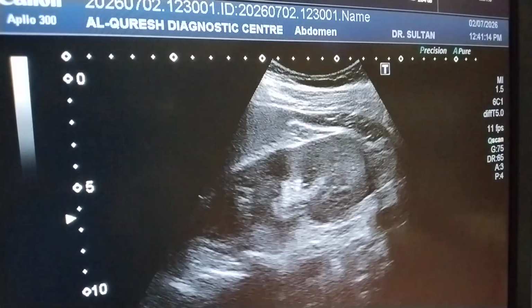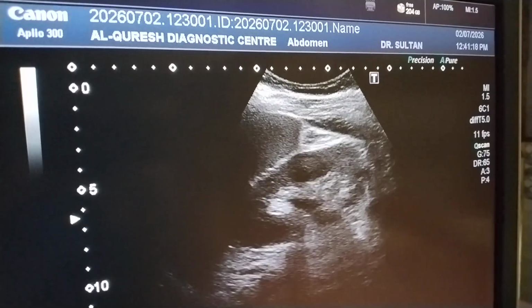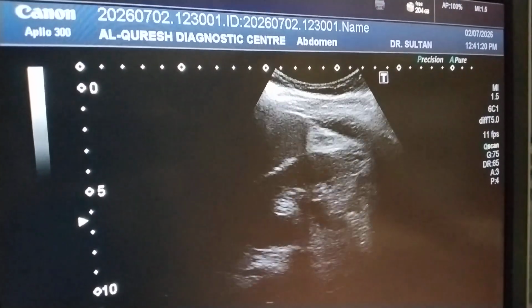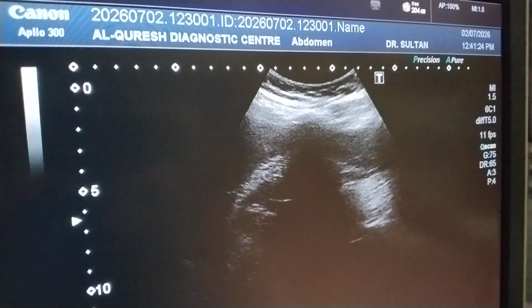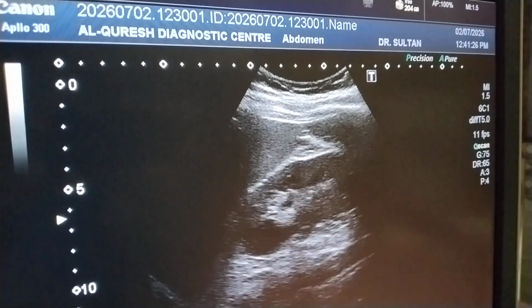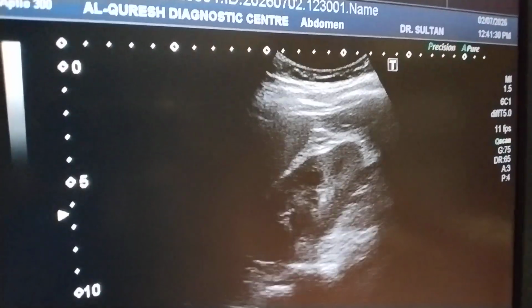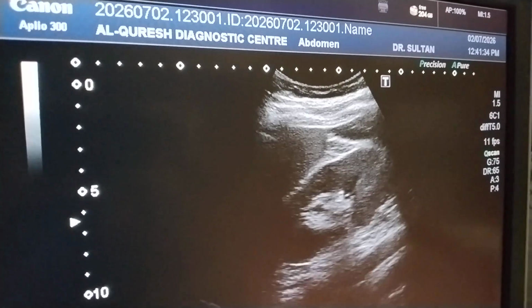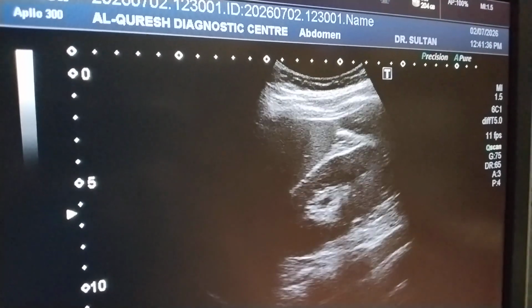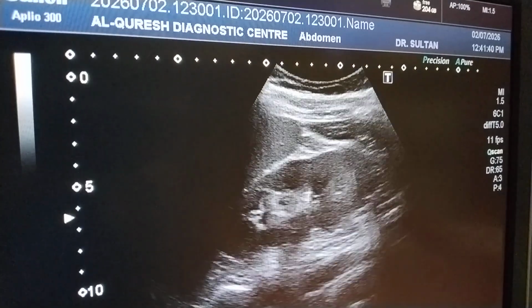Everyone should know that sometimes, if there is no urine present within the ureter, the ureter cannot be traced or visualized, because it is collapsed. For this reason we are unable to find the ureter, as it is collapsed.